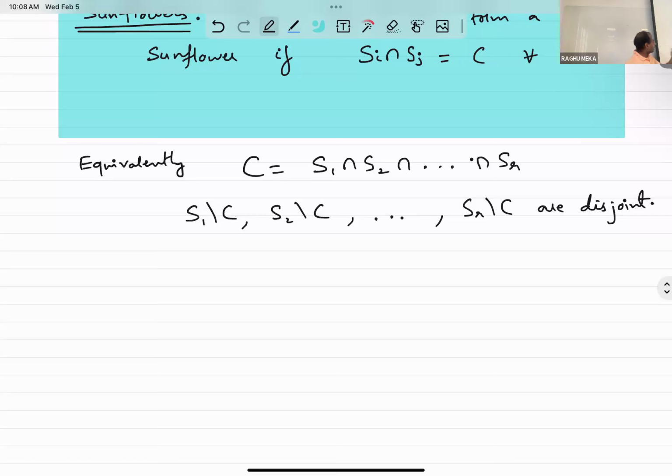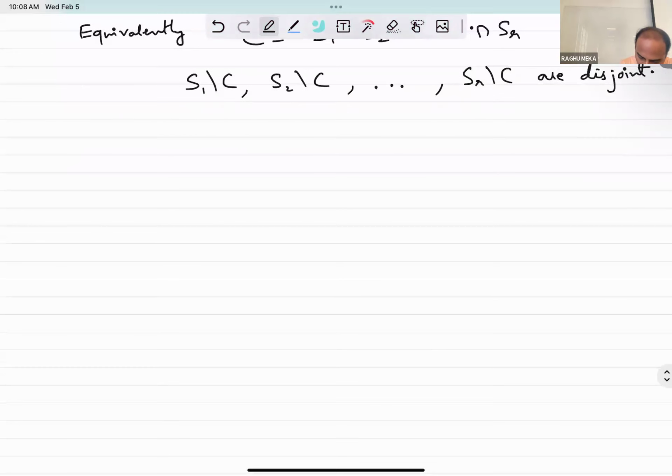Okay. So this is equivalent to the sets S1 through SR forming a sunflower. Once I remove the core, the sets become disjoint. And you can get to the core by saying it's a common intersection. All right. And then we saw the statement of the Erdős-Rado sunflower lemma.